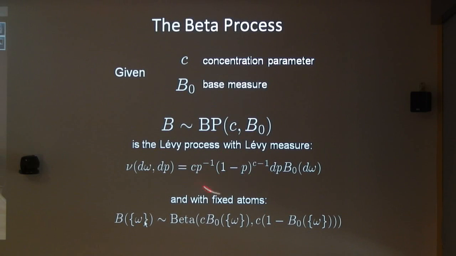And if you're familiar with the beta distribution, this looks like a degenerate beta distribution, hence the name beta process. Also, the fixed atoms, if you have any, are beta distributed. So again, that's the name.